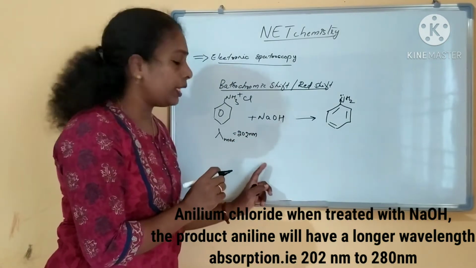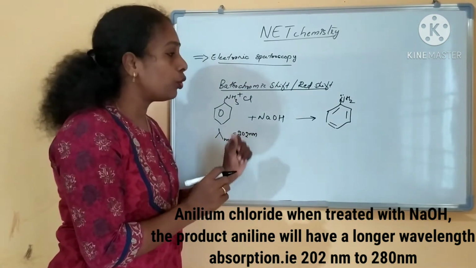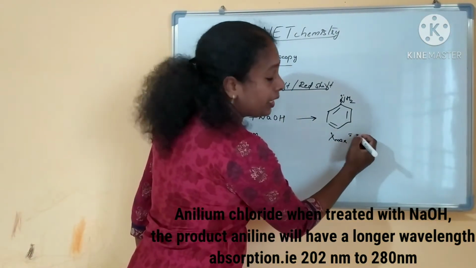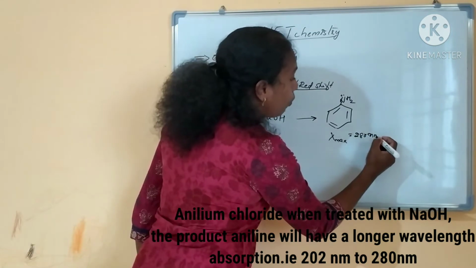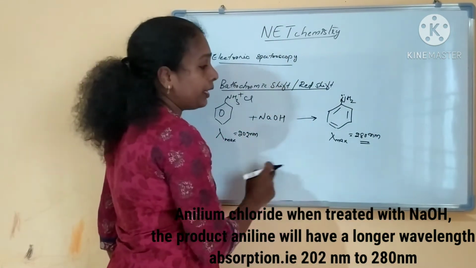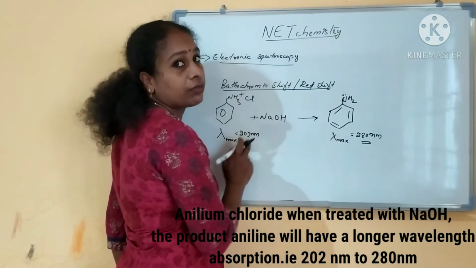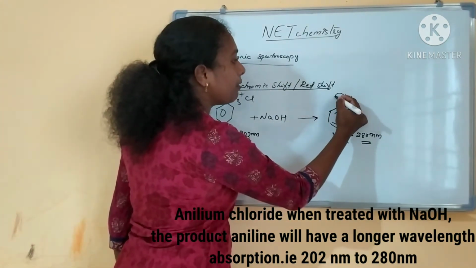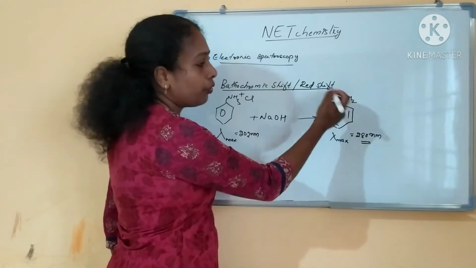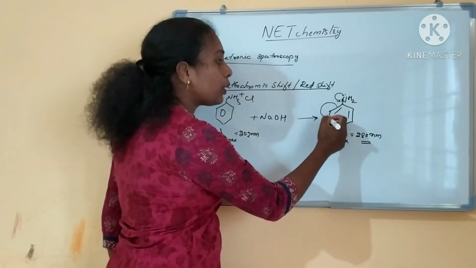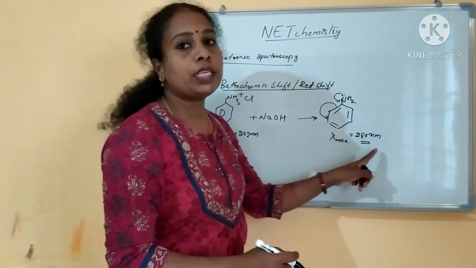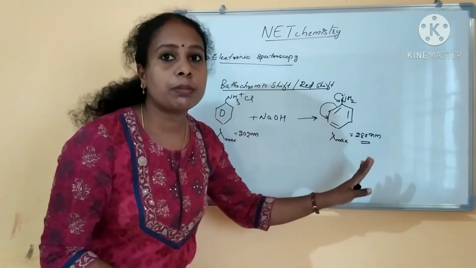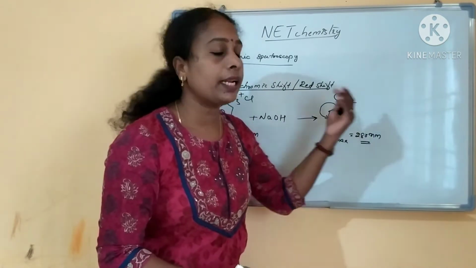The lambda max value of aniline is 280 nanometer. This is a higher wavelength shift, a red shift or bathochromic shift. How has it happened? Aniline has a nitrogen lone pair of electrons, which induces conjugation. This conjugation always gives a higher lambda max value, so the signal shifts from the UV visible region toward the IR region.